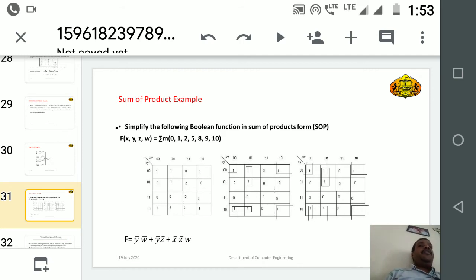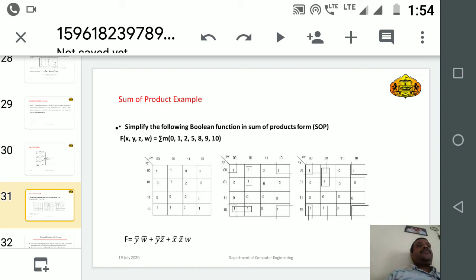Here you put 1 only at locations 0, 1, 2, 5, 8, 9 and 10. Where 0 is present, that is 0 0 and 0 0, which is minterm 0. 1 is minterm 1. Only at these positions you write 1, and at the other locations you write 0. This is the representation of the SOP form in the K-map method.